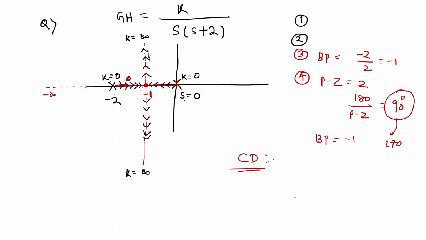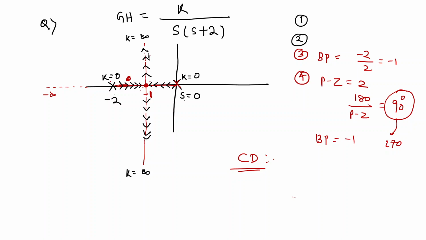Yes, sir. So now tell me the answer. For what value of k is the system critically damped? You should see visually that when these two poles come together, they meet at which point? It's -1, sir.